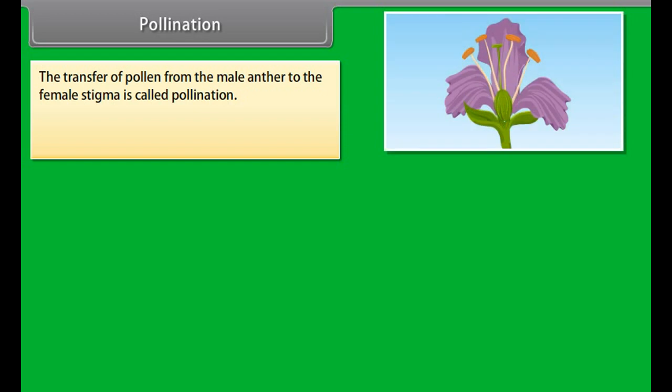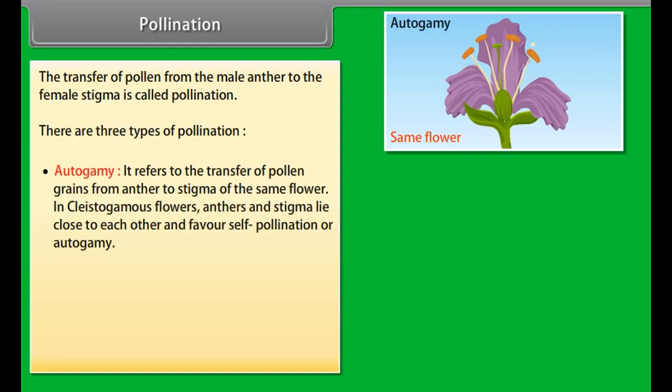Pollination. The transfer of pollen from the male anther to the female stigma is called pollination. There are 3 types of pollination. Autogamy refers to the transfer of pollen grains from anther to stigma of the same flower.